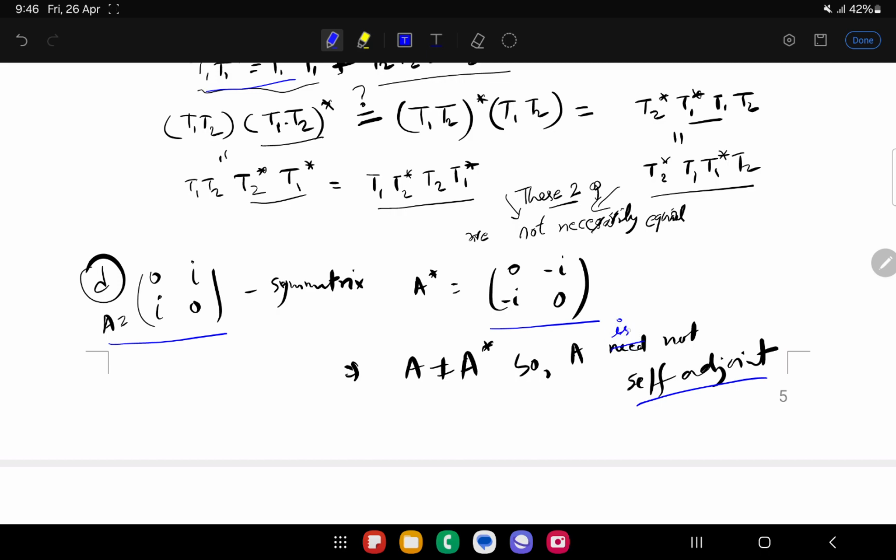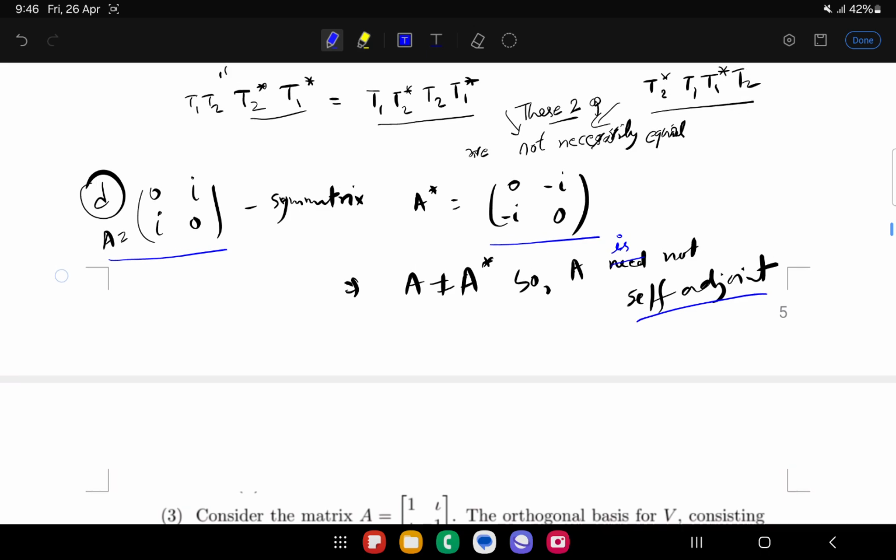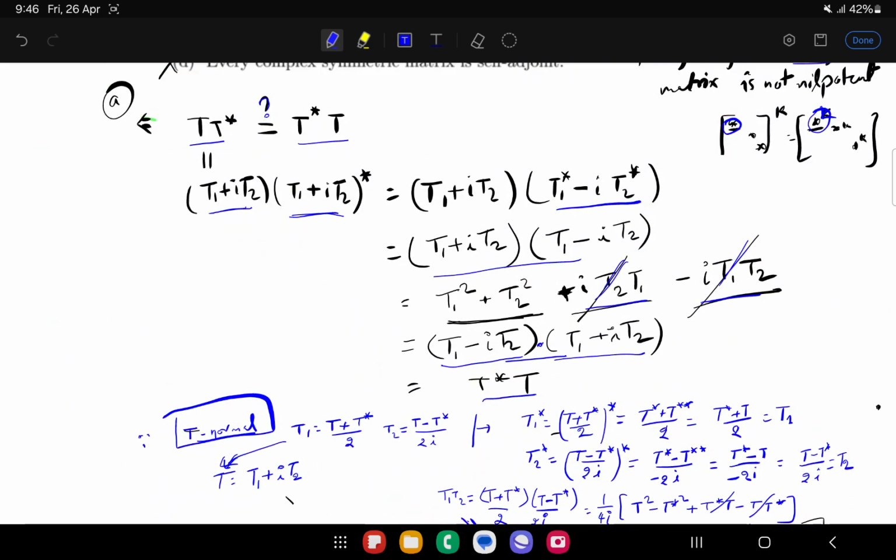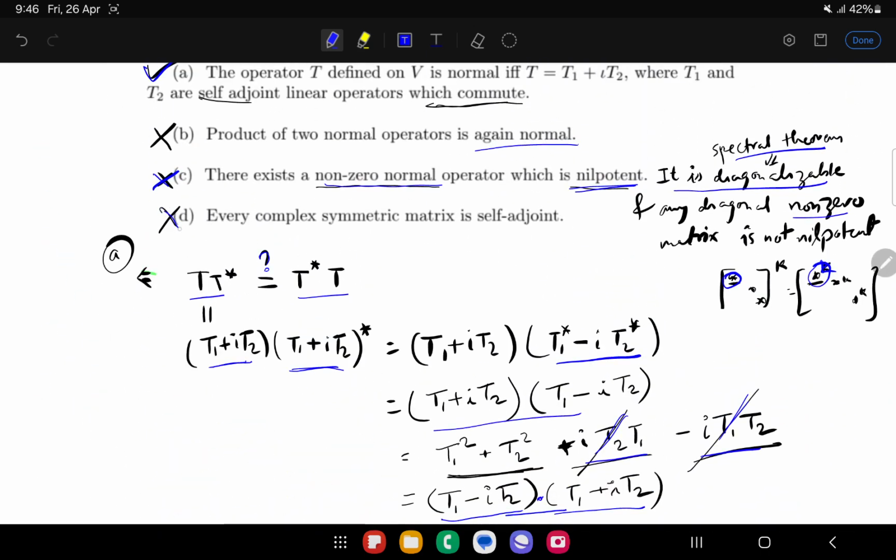In general it also need not be self-adjoint. It can be self-adjoint if all entries are real, but it is a complex matrix. So this statement is wrong.